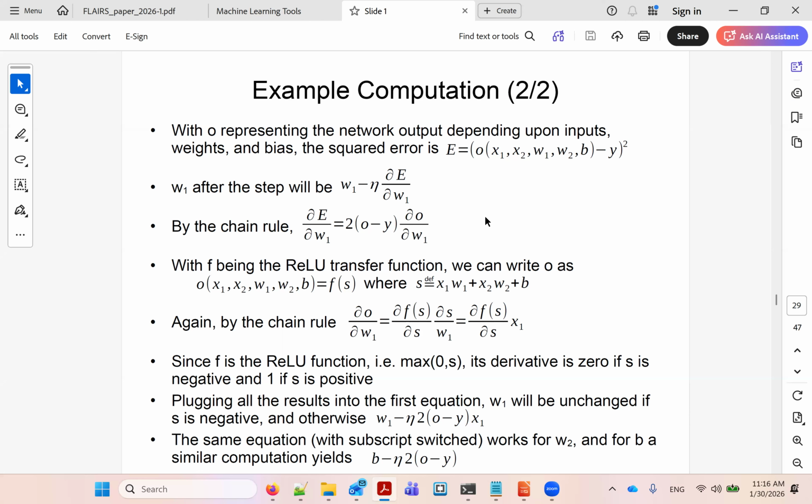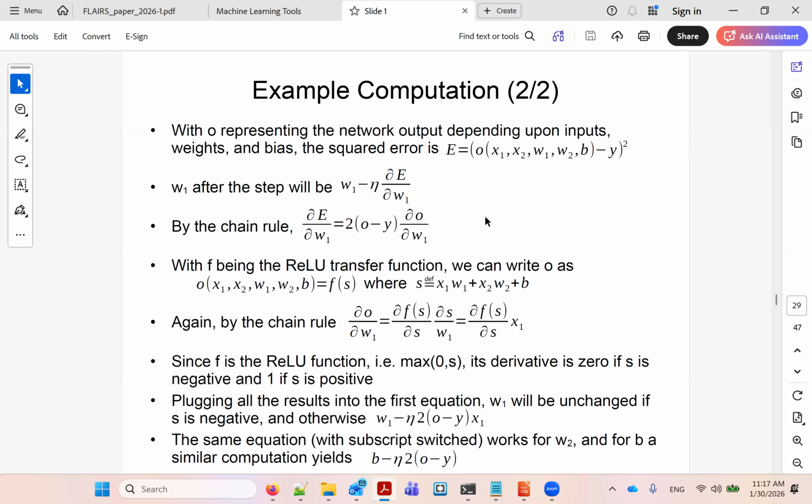So again, if the derivative turns out to be 0, then partial O partial W1 is 0, in which case this derivative is 0, in which case it says do nothing to W1. You should leave it alone. So we need a little if there to see, okay, if that's the case, that we're in the negative regime, then we need to just skip updating that particular parameter on this particular update.